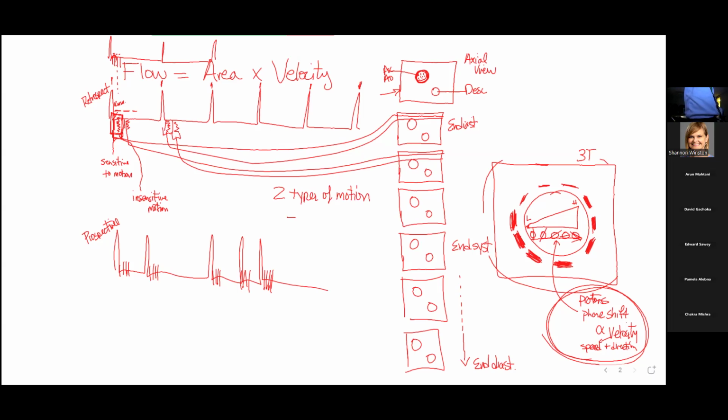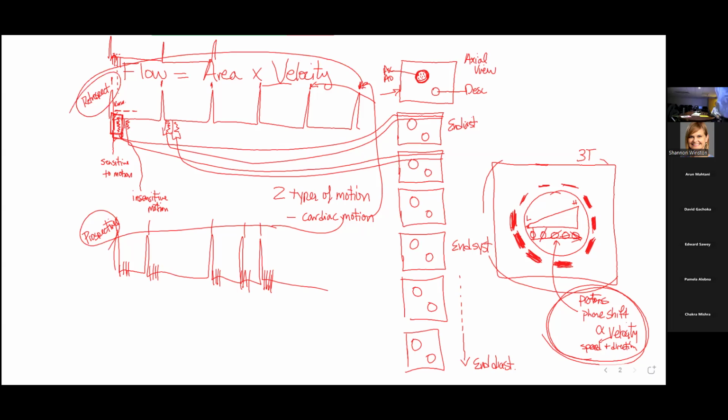One is the cardiac motion, when we're making these pictures, and we address the cardiac motion by doing all these triggers, the retrospective and the prospective gating, and we can take care of the cardiac motion because the position of the heart is about the same point in space.